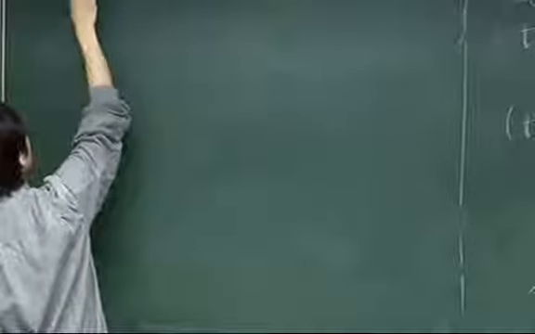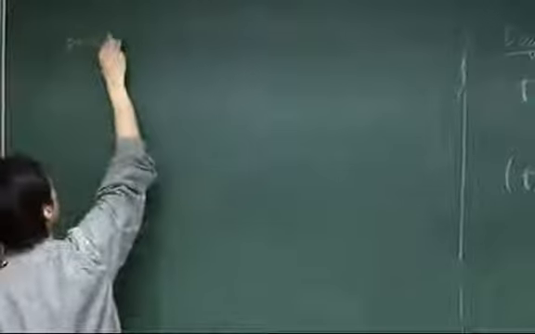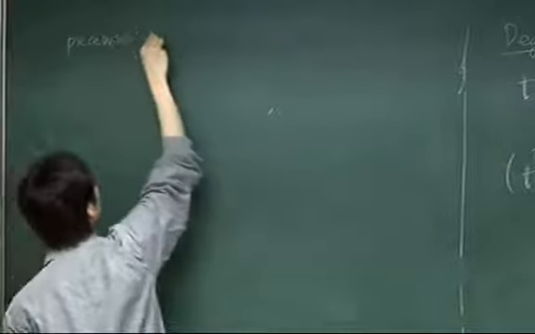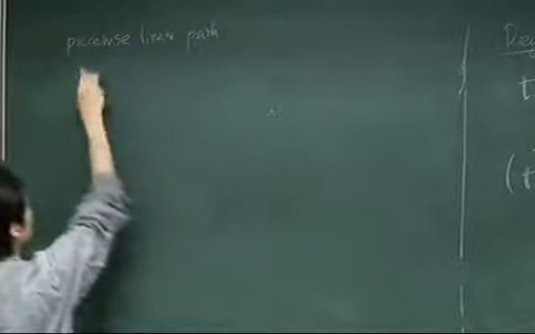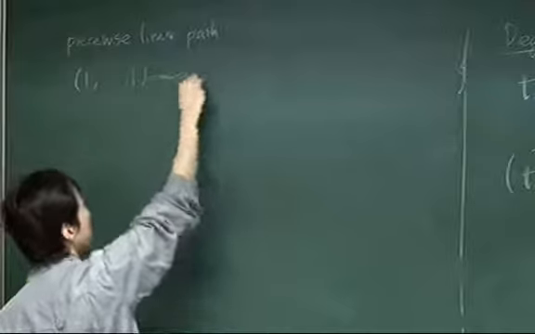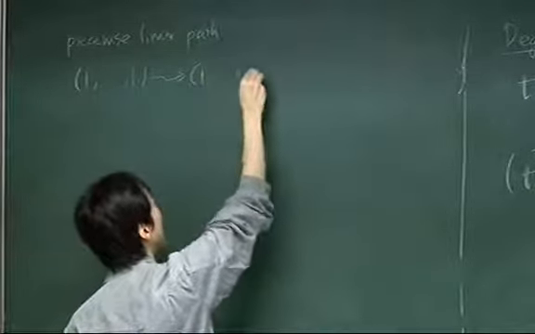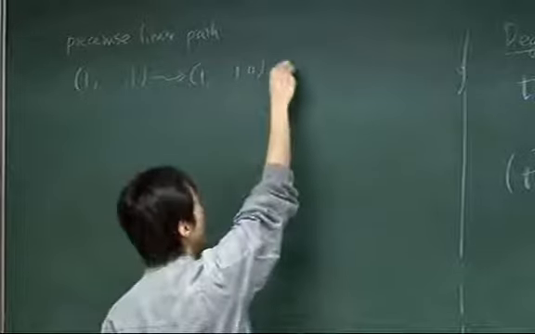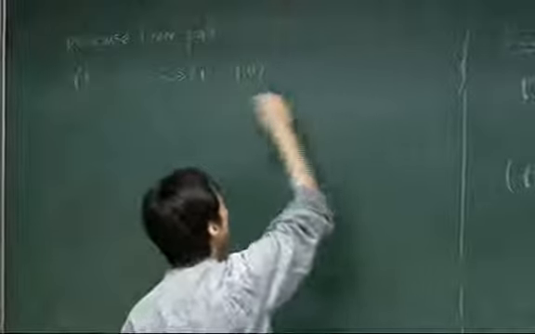And then we consider a piecewise linear path. Starting from 1, 1, 1, we first move the last parameter to 0. And then we vary the next one, and so on.